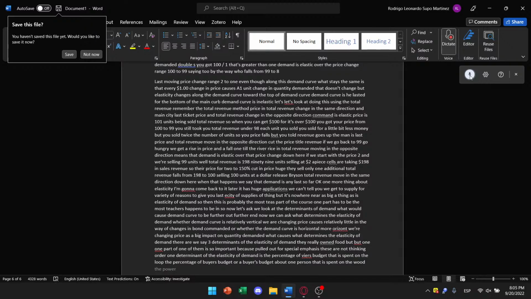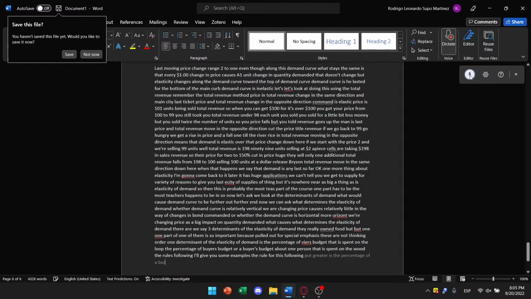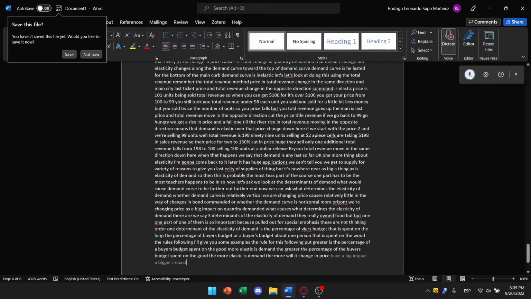The greater the percentage of a buyer's budget spent on the good, the more elastic is demand. The more a change in price will have a bigger impact on quantity demanded.